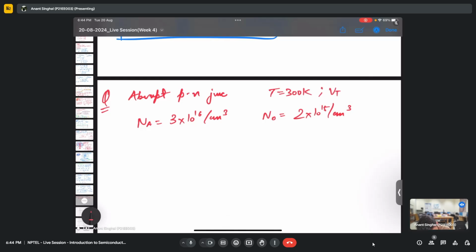That makes Vt 26 milli electron volts, and for ni you can take the exact value, 1.5 times 10 raised to 10 per centimeter cube. What you need to do is find out the built-in voltage or the built-in potential.